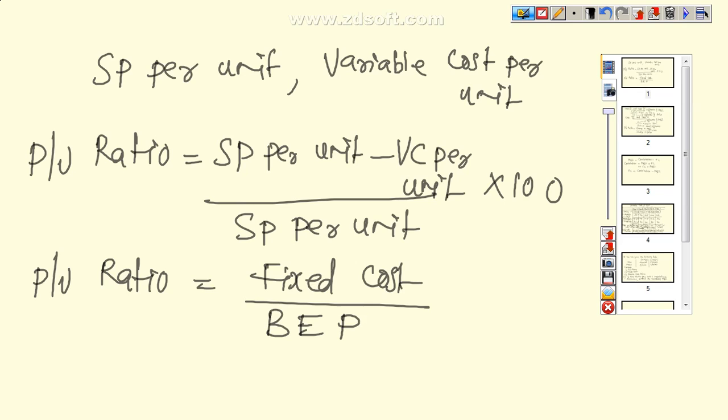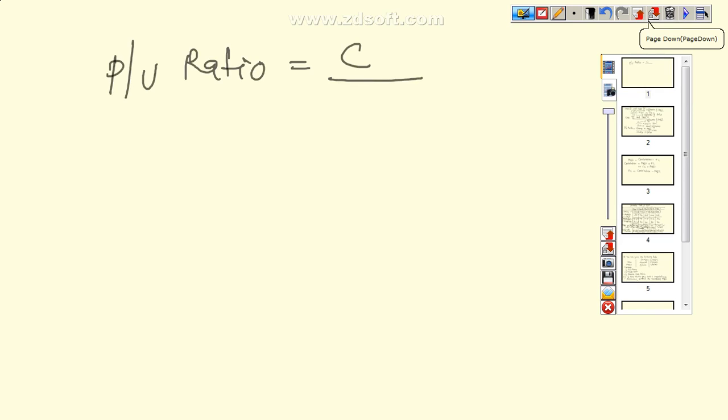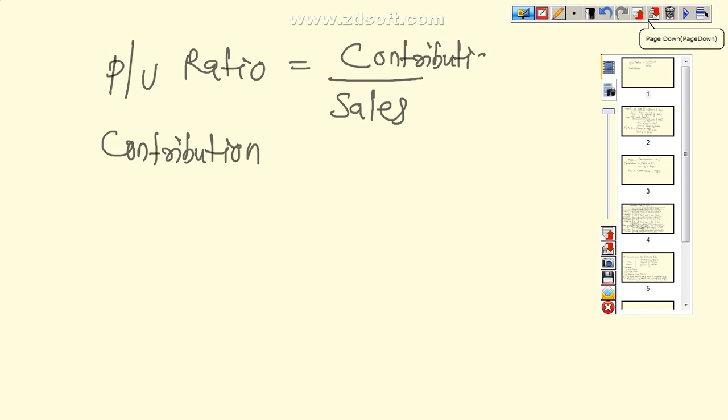Now, based on this we can frame another formula of contribution. PV ratio is equal to contribution upon sale. So from this we can frame contribution is equal to sales multiplied by PV ratio.